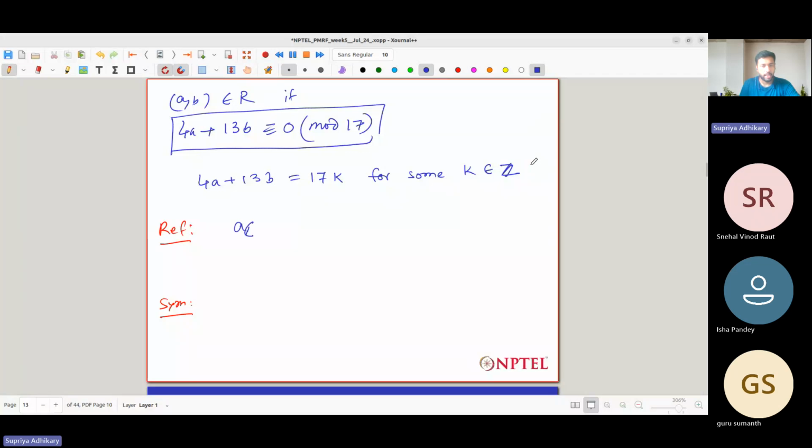If we consider any A in Z, then we can say that 4A plus 13A is definitely equal to 17A, which is nothing but congruent to 0 mod 17, because if we divide this value by 17, the remainder would be 0, since it is a multiple of 17 for an integer A. So that means we can say that (A, A) belongs to the relation R.